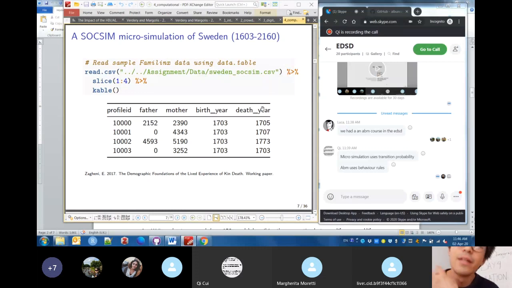And I changed the formatting a bit so that it actually looks the same as the FamiLinks data that you're going to be using for the assignment. It has the same structure, but the data come from microsimulation. So the data, in a way, are independent from the genealogies. They refer to the same population and the same time frame.